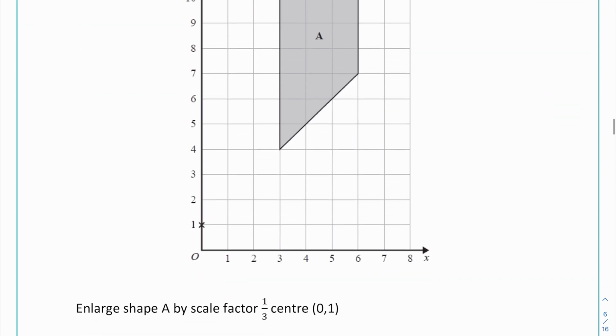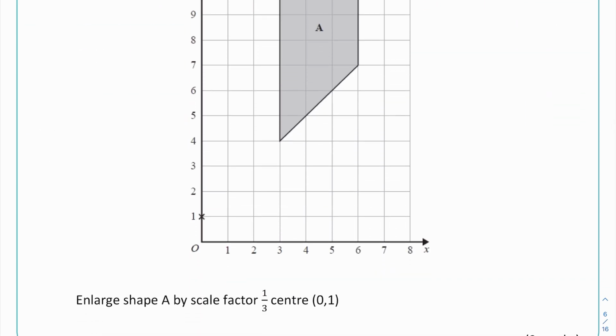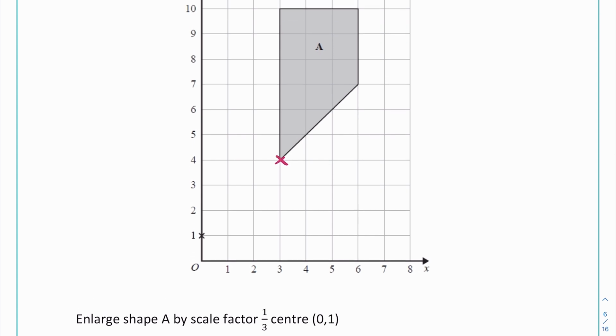Okay, so some transformations. Enlarge shape A by scale factor 1/3, centre 0, 1. So let's have a look at the vector to get to our first vertex on the shape. To get there, I'd go 1, 2, 3 across, 1, 2, 3 up. So that would be the vector 3 across, 3 up.